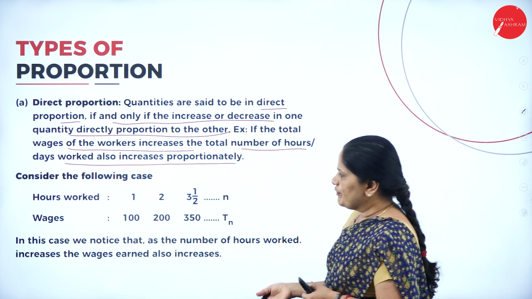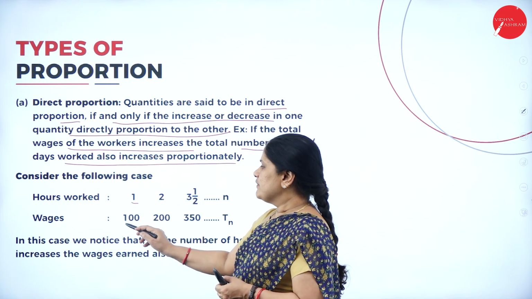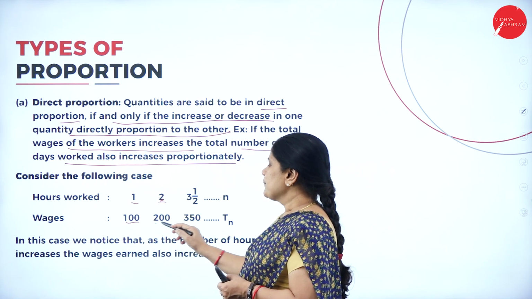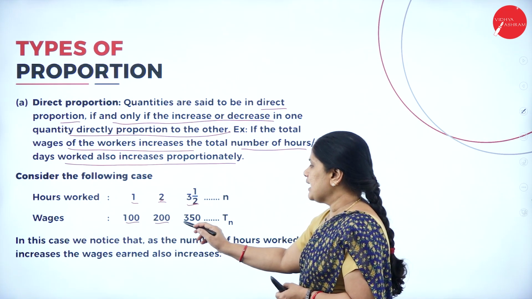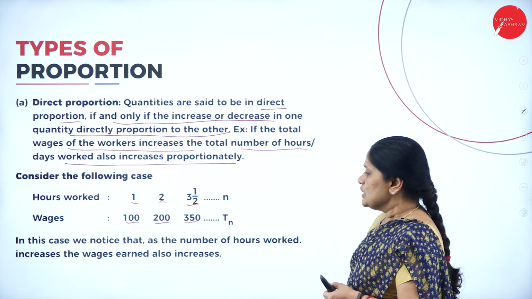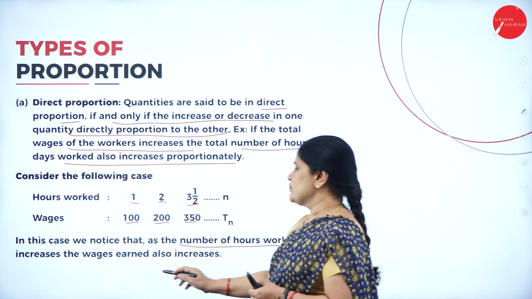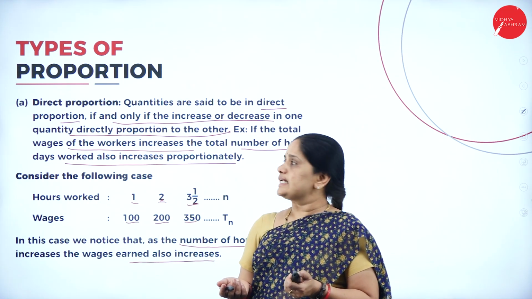Suppose the hours worked is 1, the wages will be 100 rupees. If he has worked for 2 hours, then he will be paid 200 rupees. If he has worked for 3.5 hours, then he will be paid 350 rupees. So, in this case, we notice that as the number of hours worked increases, the wages earned also increase.